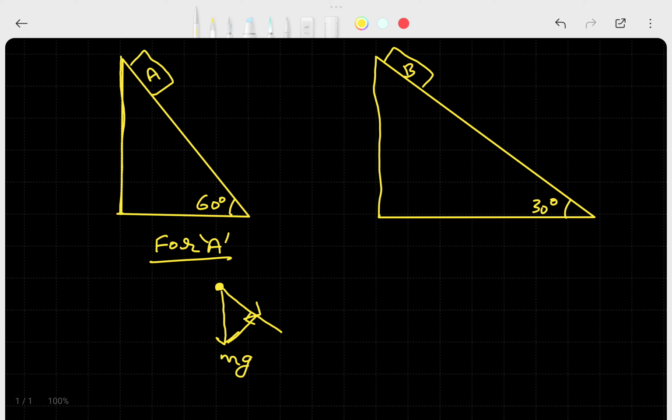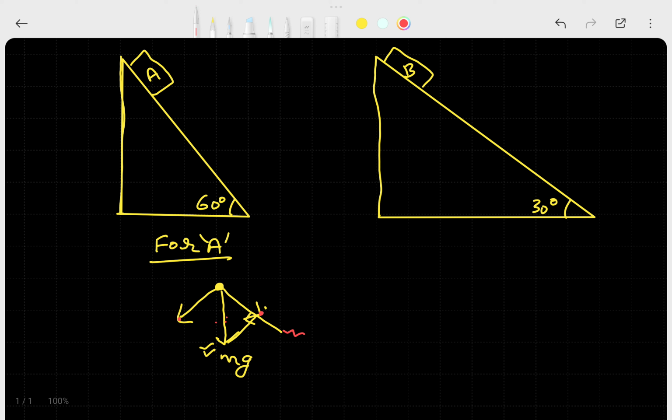In physics, if you are resolving this component mg into two perpendicular components, this component and this component, then the length of this line, see, the arrowhead gives the direction and this length tells about the magnitude. So see, mg is your primary vector and you are resolving it into two components, and the length of the line of these two components shouldn't be longer than this primary vector, this mg.